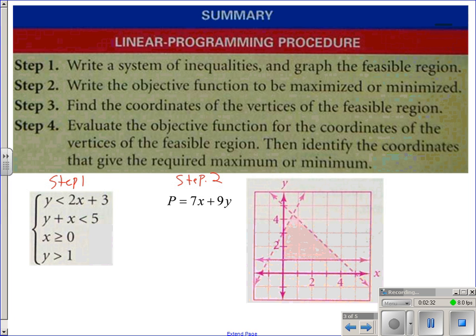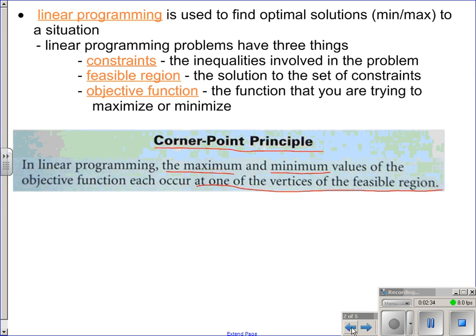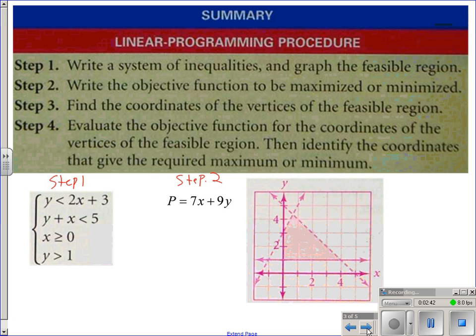So this corner point principle says the maximum or minimum is going to happen at one of the vertices of the feasible region. So you've got this system of inequalities that you got in step one. Okay, when you graph it, you get to this space.